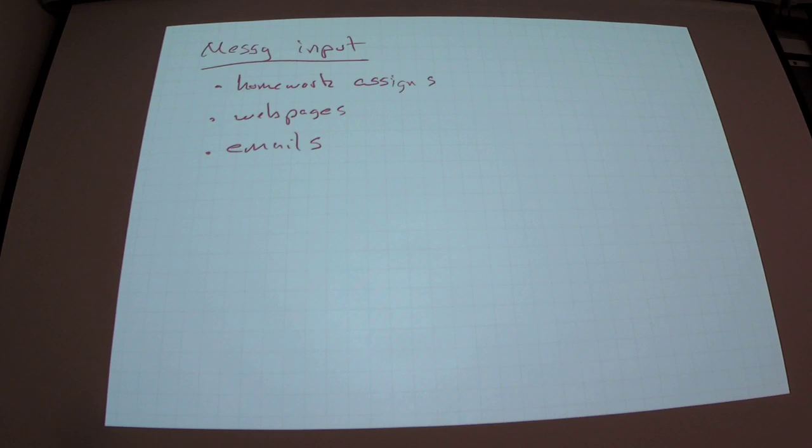With web pages, Google wants to know the same thing. It doesn't want to show you essentially five copies of the same web page in the top 10 list. They want all of these to be diverse.